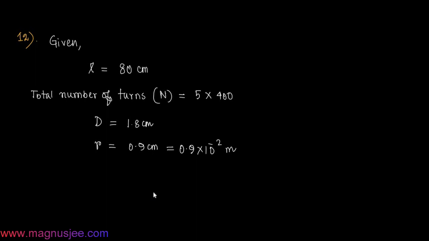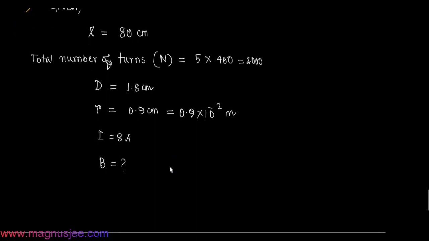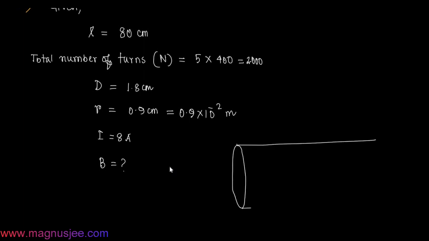That means radius is 0.9 centimeter, and electric current flowing through the solenoid is I, which is 8 ampere, and we have to find the magnetic field induction, that is B, at a point inside the solenoid. Total number of turns is N, which is 2000, because there are 5 layers containing 400 turns.